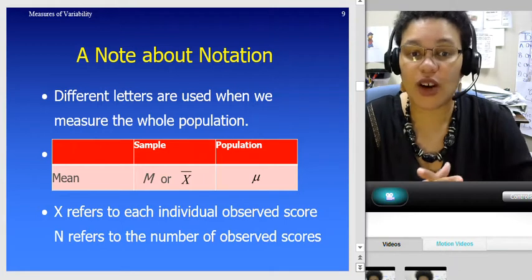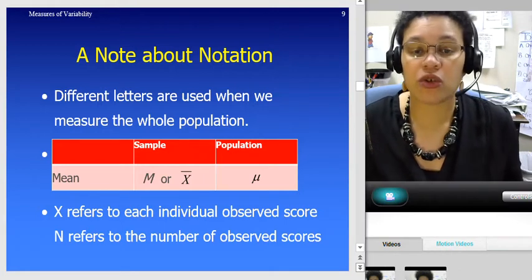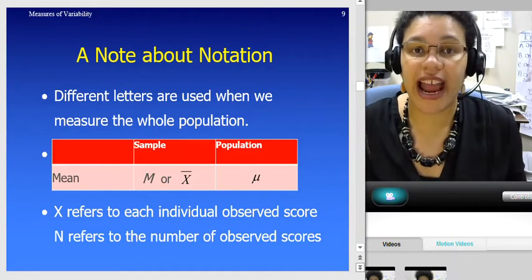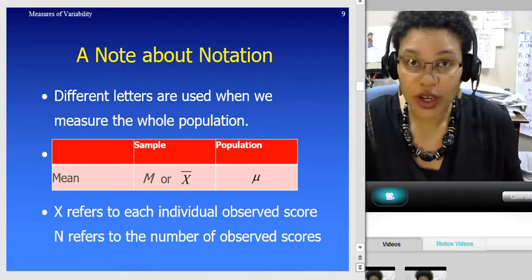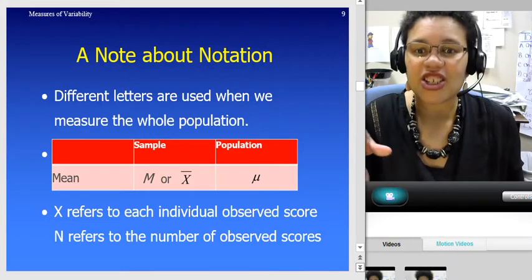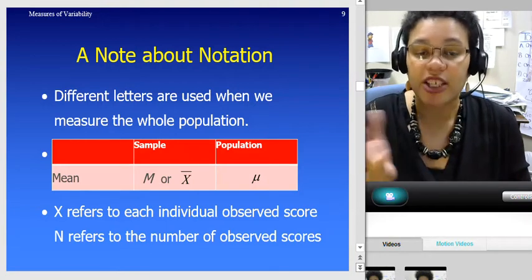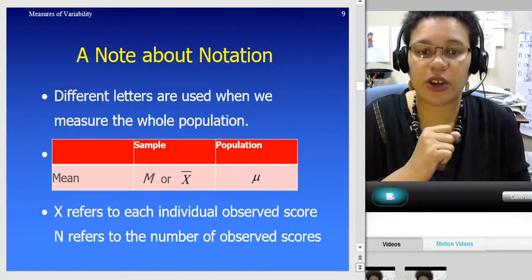Sometimes a particular statistic is given a Greek letter, but sometimes they relate to the population versus a sample. So, for example, we use a capital M or an X bar to talk about the average score, the arithmetic mean in a sample. But we use mu, the Greek M, to talk about the mean of a population. X refers, like we've mentioned, to each individual observed score.